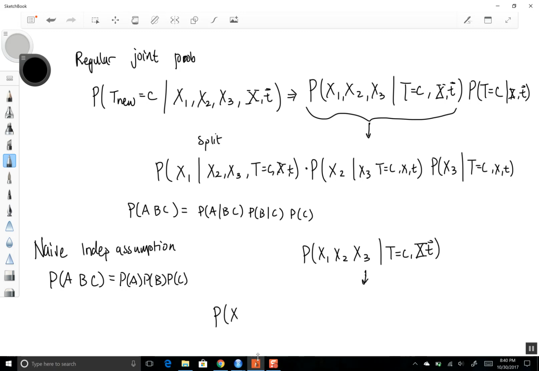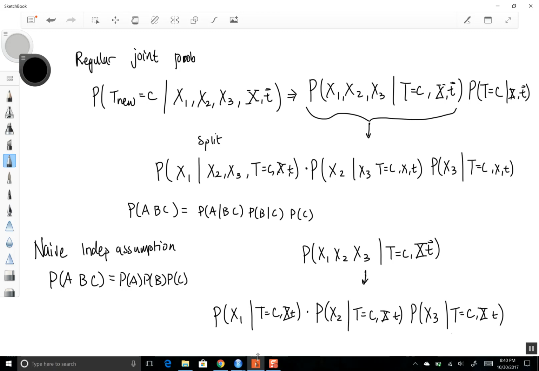It's just the probability of x1 given t belongs to C in our training data, times the probability of x2, the observation we have, given t belongs to class C in our training data, times the probability of x3, our observation x3, given t belongs to class C in our training data.